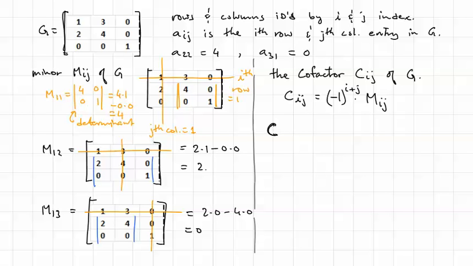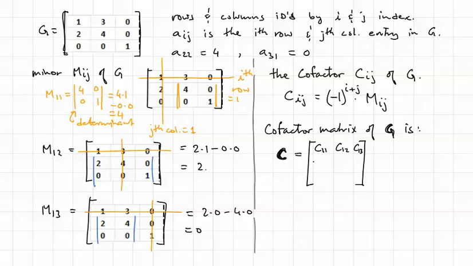And so we have the cofactor matrix. The cofactor matrix of matrix G, and I'll use bold C, is equal to a matrix that's the same order, 3 by 3, but with each entry being the corresponding cofactor term: C23, C31, C32, C33, where these entries are evaluated using this definition here.